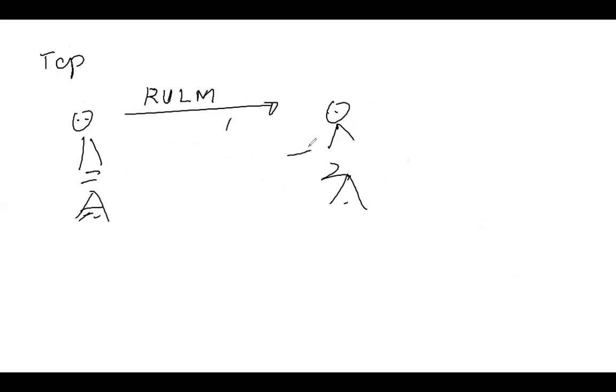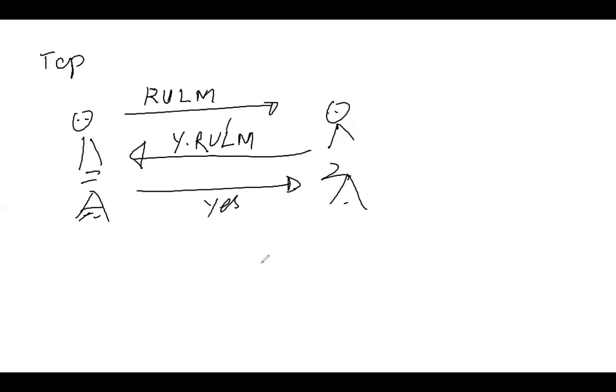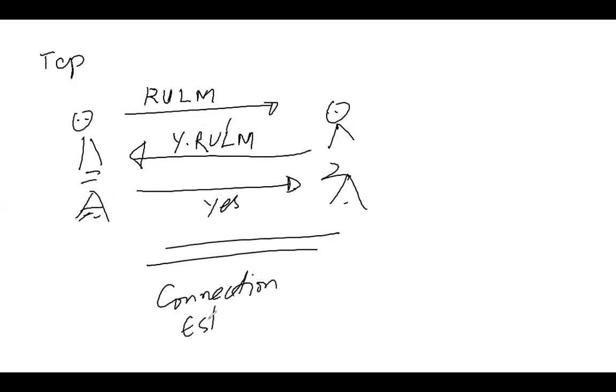And similarly, over here, he will respond, yes, I am listening to you. And then he will repeat the question, are you listening to me? And then he will reply with yes. After that, the connection is established and now they can transfer data with one another.